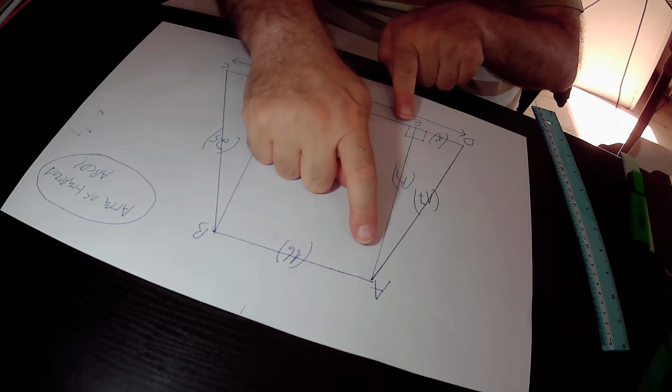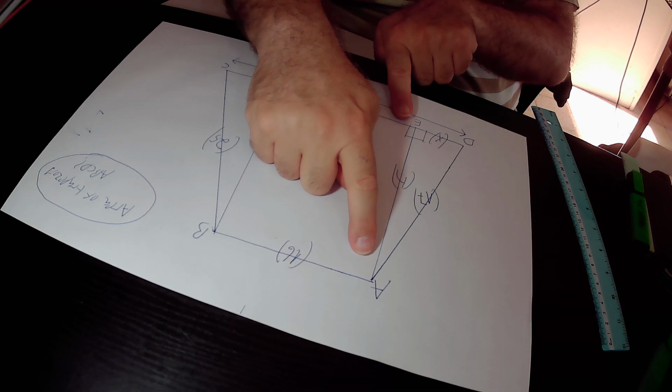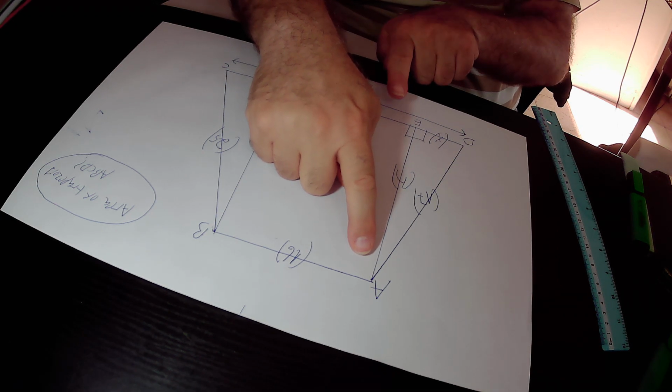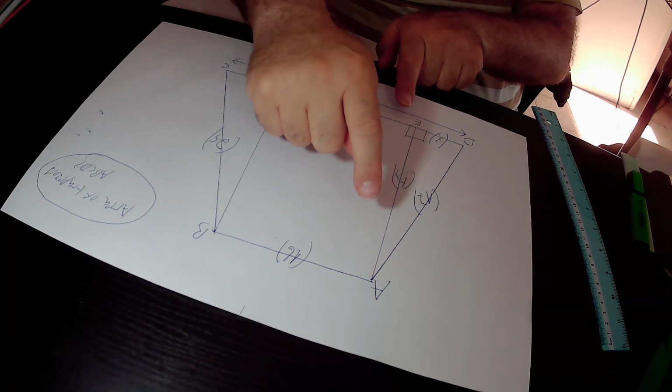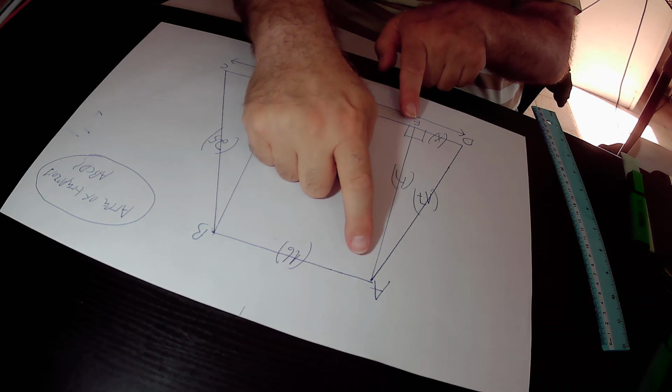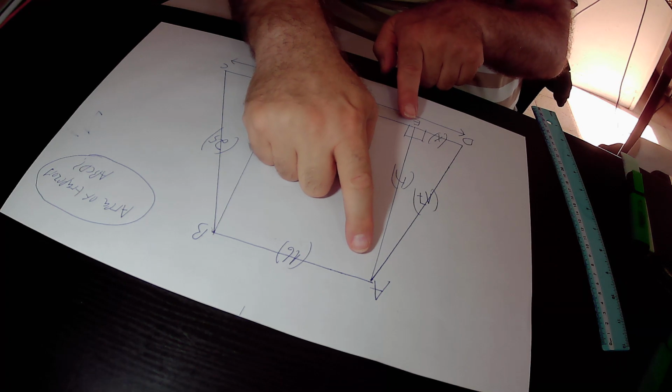In addition, those two angles are both located on the right side of the straight line AE, and therefore they are also defined as one-sided angles. So in total, those two angles are defined as one-sided interior angles.